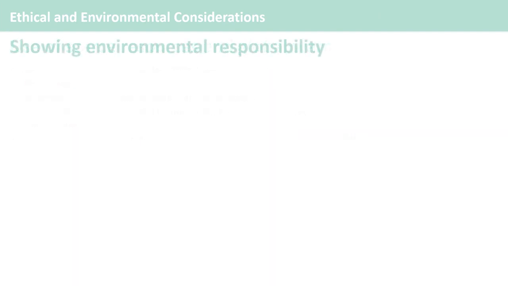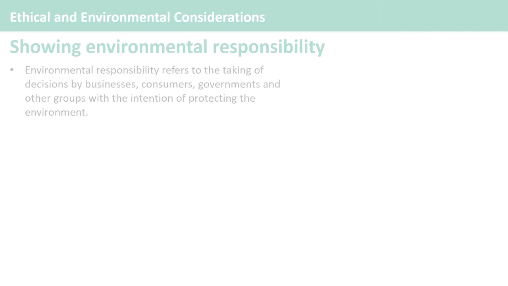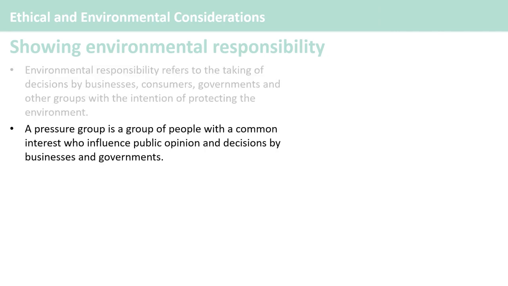Showing environmental responsibility. Environmental responsibility refers to the taking of decisions by businesses, consumers, governments, and other groups with the intention of protecting the environment. A pressure group is a group of people with a common interest who influence public opinion and decisions by businesses and governments.